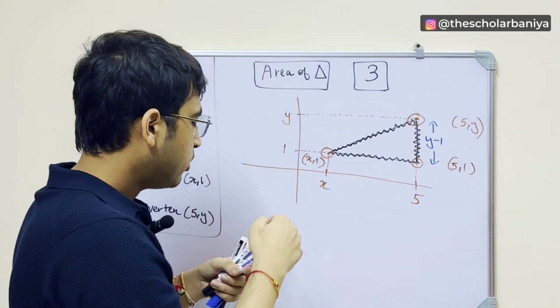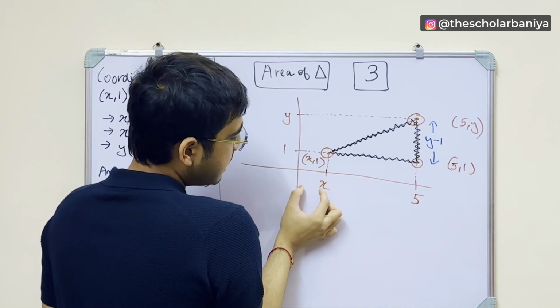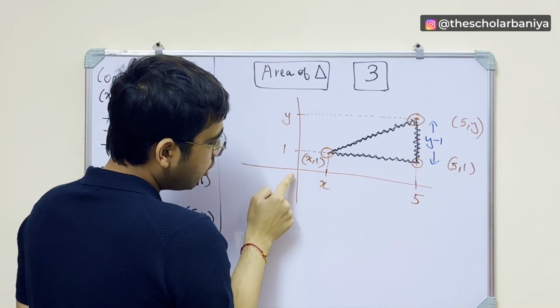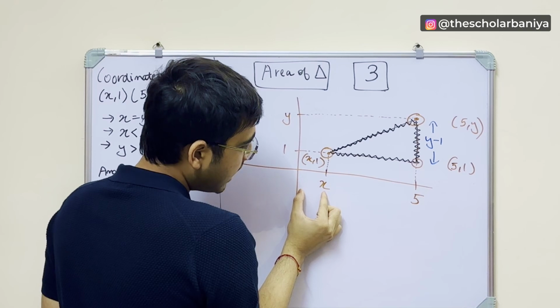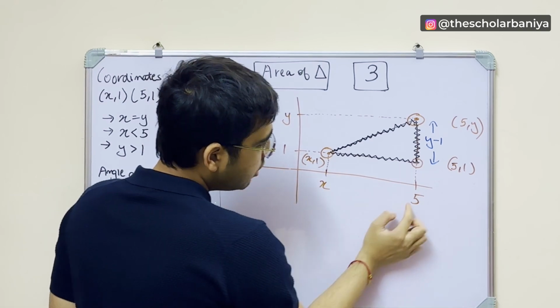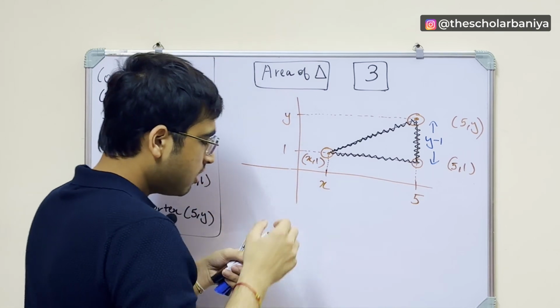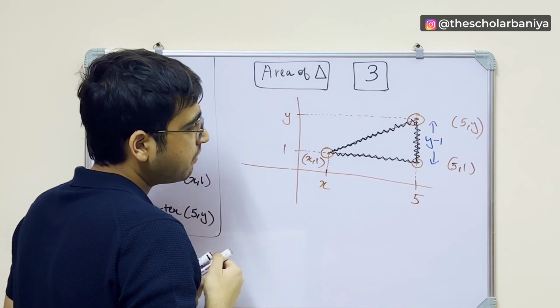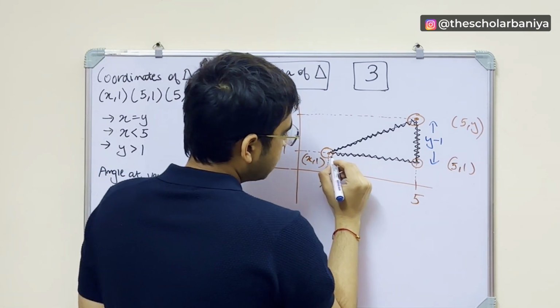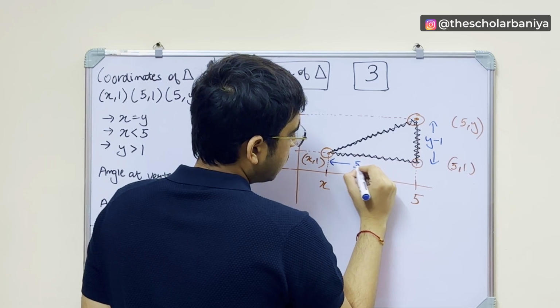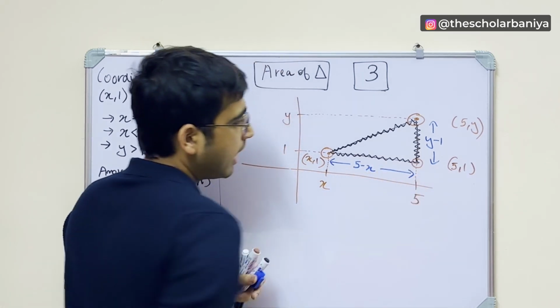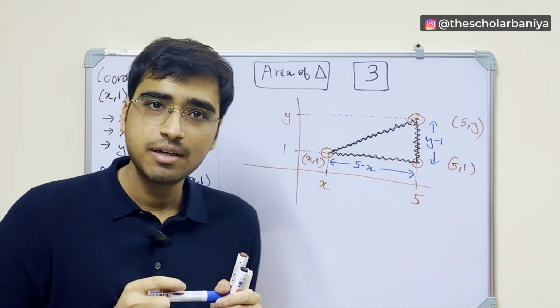Okay, now tell me one more thing. If this is x, that means the distance from the origin to this point is x, and the distance from the origin to this point is 5. Then what is the distance in the middle? The distance in the middle becomes 5 minus x. I hope this makes complete sense, right?